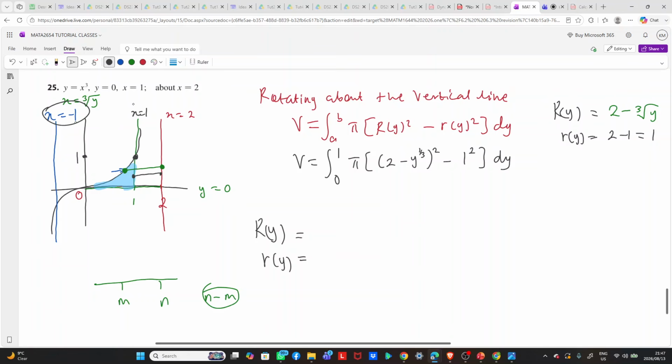My question is, if instead of revolving about this line x equals 2, say we revolve about the line x equals 1, what is going to be R of y and small r of y? For the same graph, the same functions that we have here.